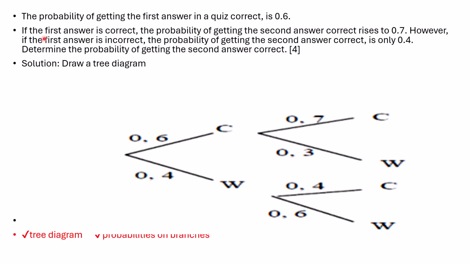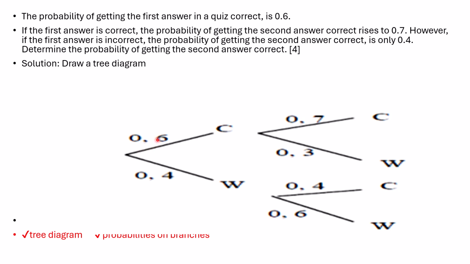So you can see there, the first answer is either correct or incorrect. So either I answer the question and get it correct, or I get the question wrong. So C for correct, W for wrong. The probability of getting the first answer in a quiz correct is 0.6.